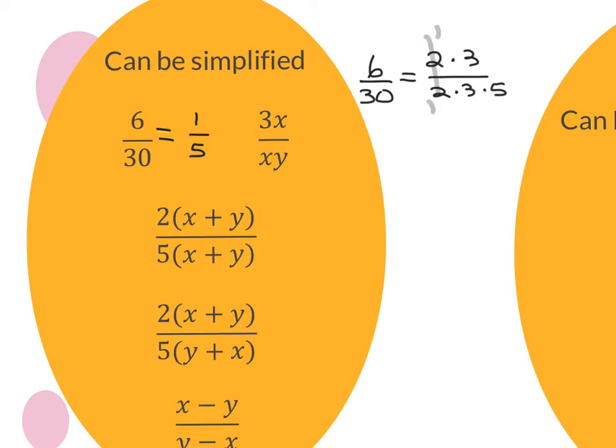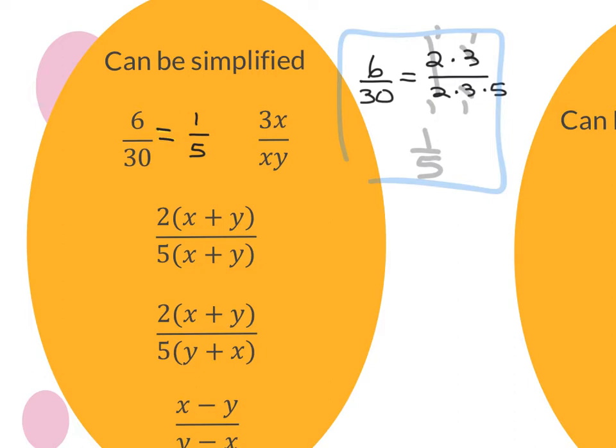Cross them off, they become 1s, and now you're just left with 1/5. Again, I'm not going to expect you to do that when you're just simplifying a simple fraction like that. But when we have the trinomials, you will need to factor in order to simplify.